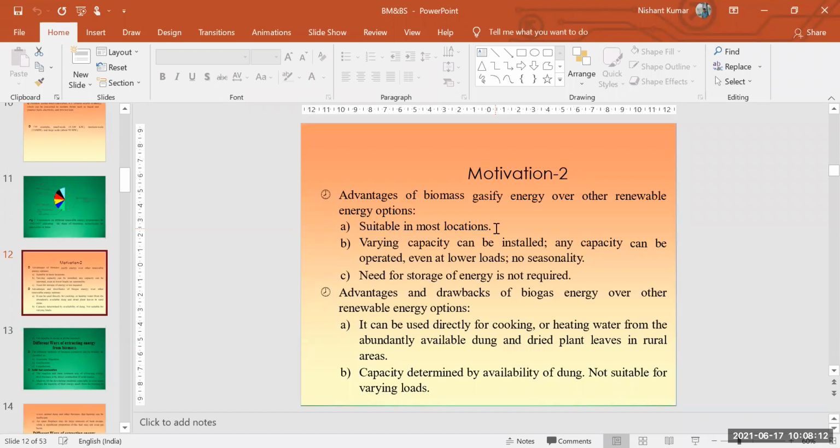Now, advantages and drawbacks of biogas energy over the other renewable energy options. In this, it can be used directly for cooking. Yes, biogas, you could see the LPG replacement is also there, but efficiency is very low. If you count, it is around 30 to 40% efficient compared to your LPG one. But it could be used because it is cheaper to get, and it's also very eco-friendly.